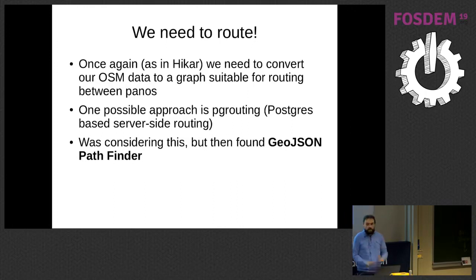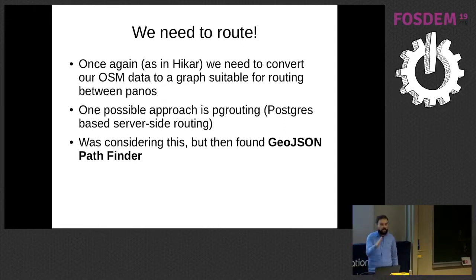So the aim is to create a graph of the OpenStreetMap data. Again, junction nodes in OpenStreetMap become the vertices in our graph, and then they're linked together using edges. I'm going to talk about how I've created the graph shortly, because that's interesting.